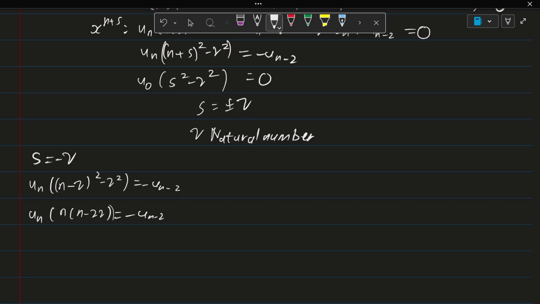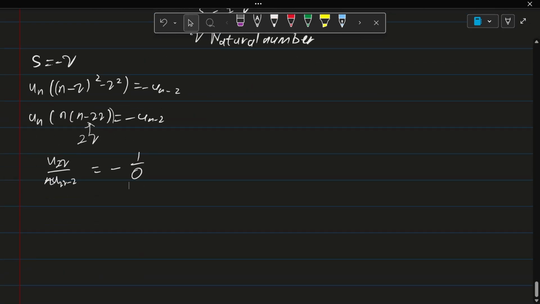You observe here that when n equals 2 nu, what happens? If you solve for the solution when it is 2 nu, this would become negative 1 over 0, which is not possible. So this means that this part should be 0, which also means that going downwards, everything should be 0.